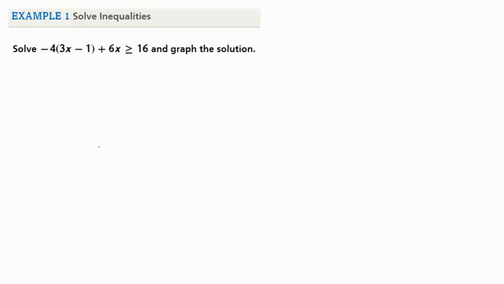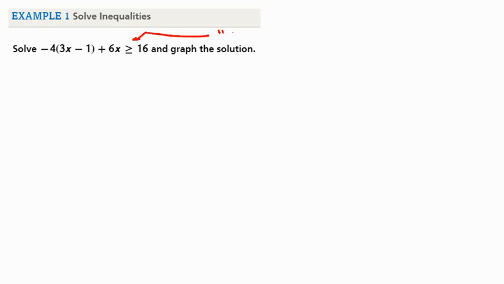So it says solve -4(3x - 1) + 6x is greater than or equal to 16, and graph the solution. So this symbol right here is called a greater than or equal to symbol. And I'm going to do it right over here.